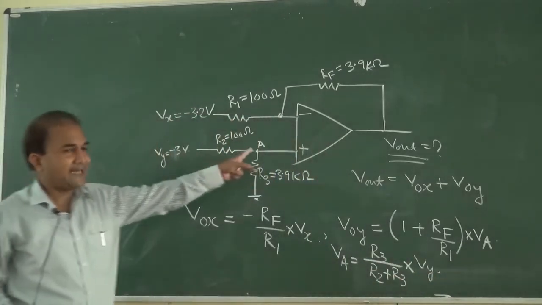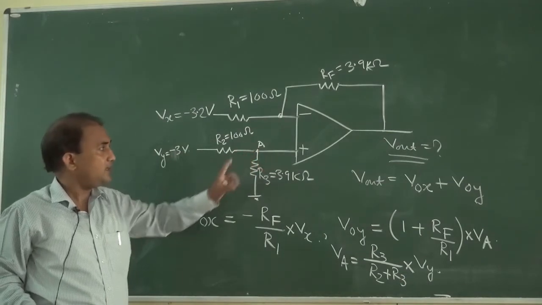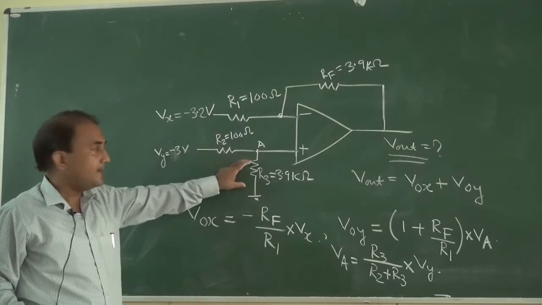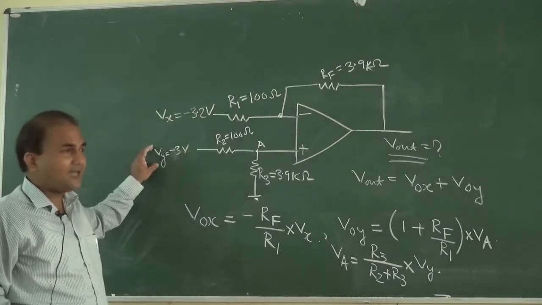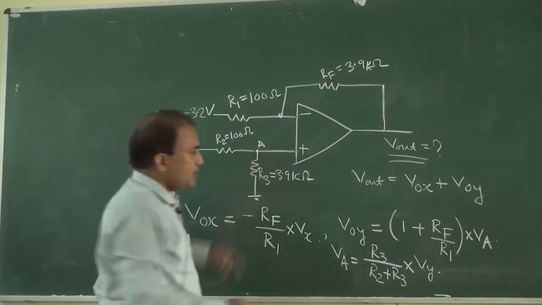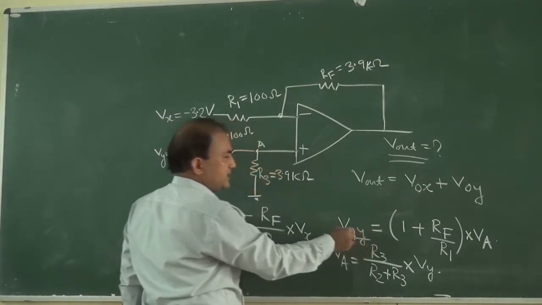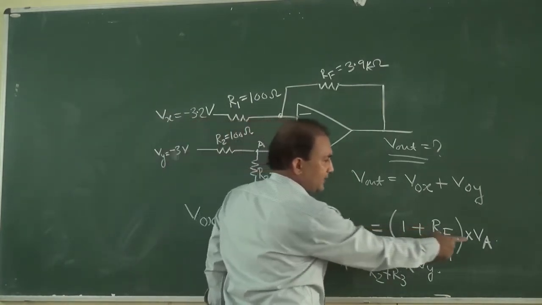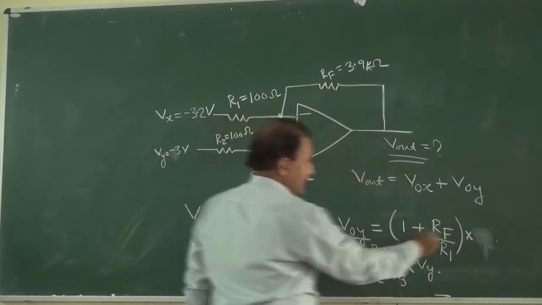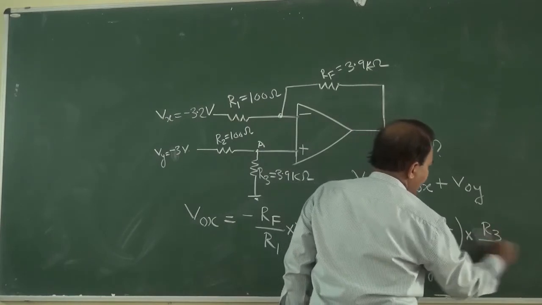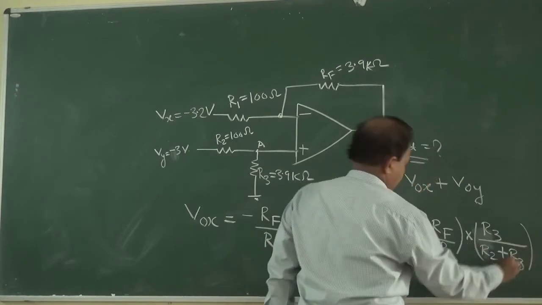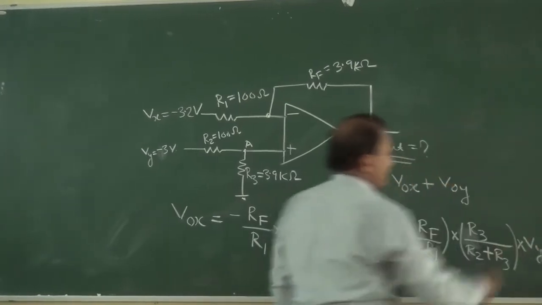So in this way we can determine the voltage at point A. So Voy is equal to 1 plus Rf by R1 into VA, and we replace VA by R3 divided by R2 plus R3 into Vy.